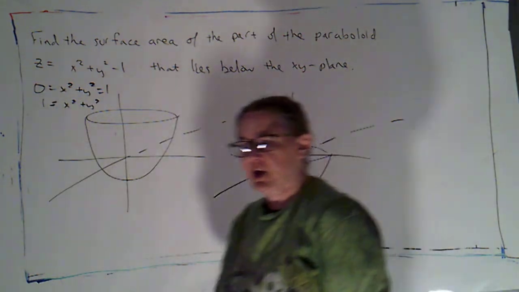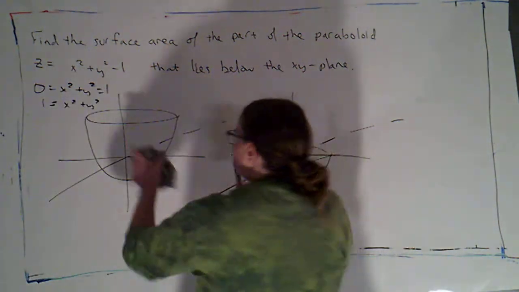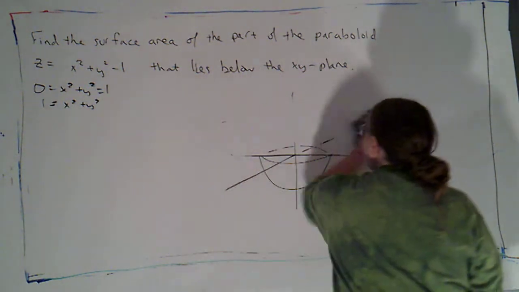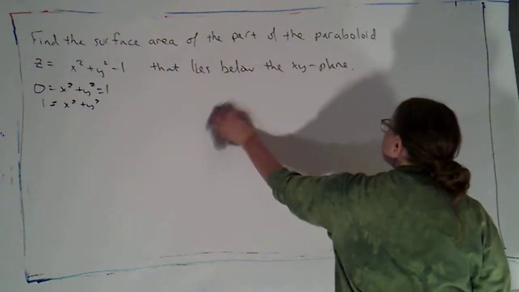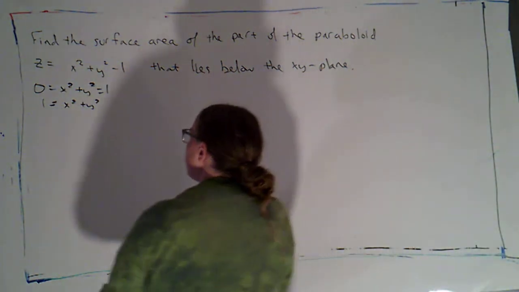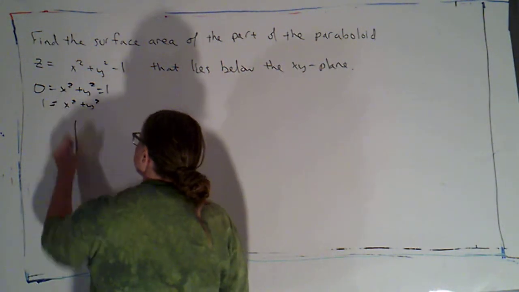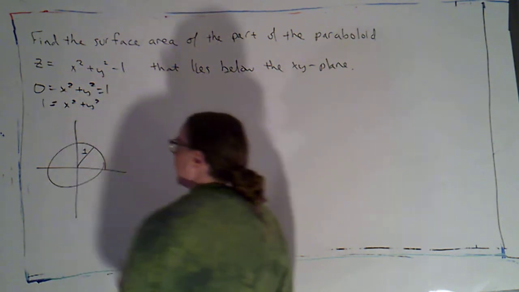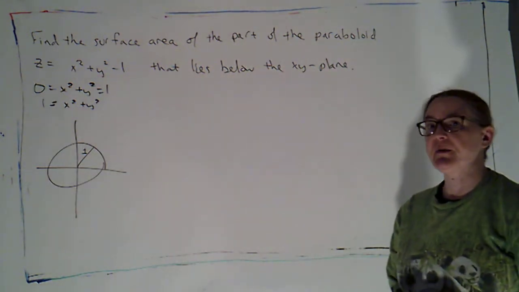So that's the curve that is the boundary for the region over which we're going to be integrating. And that's just the unit circle. So I can see we're going to be integrating over the unit disk. That's the region D over which we'll be integrating.